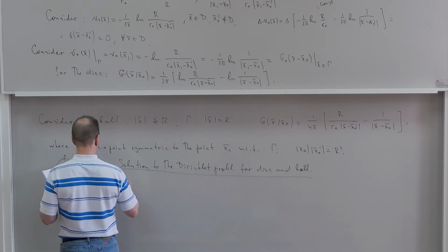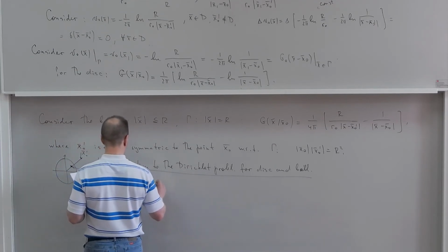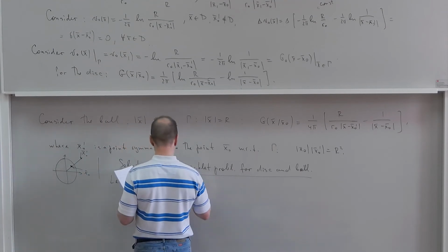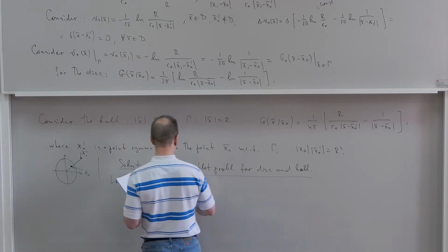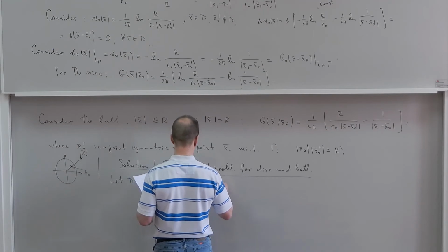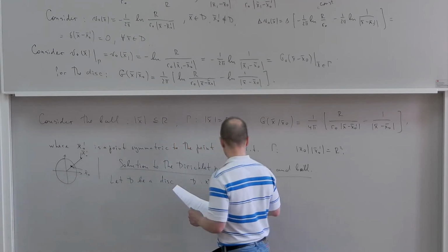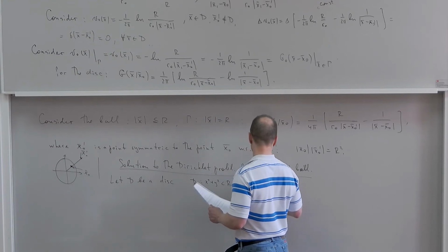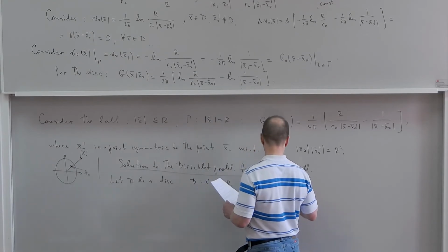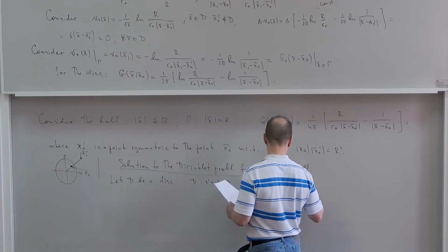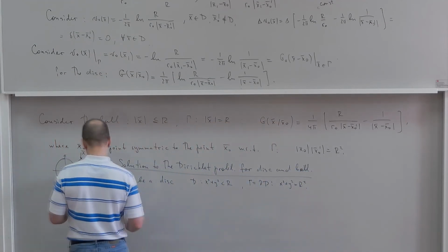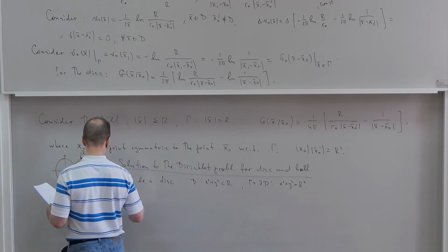So, let D be a disk defined by the form of inequality. And gamma, which is a boundary of the disk, specified by this equality. And we consider the following problem.